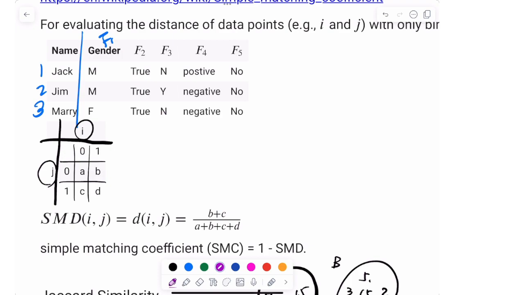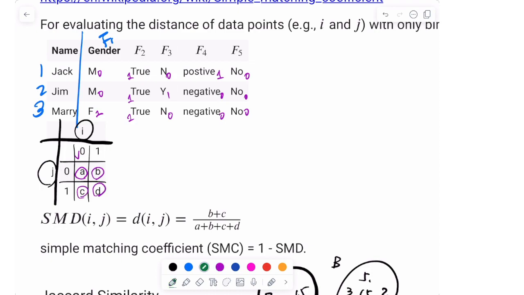For example, we first map: male is 0, female is 1. True is 1. N is 0, Y is 1. Positive is 1, negative is 0. No is 0. We first map the categorical data to 0 and 1, and then we calculate these 4 values.